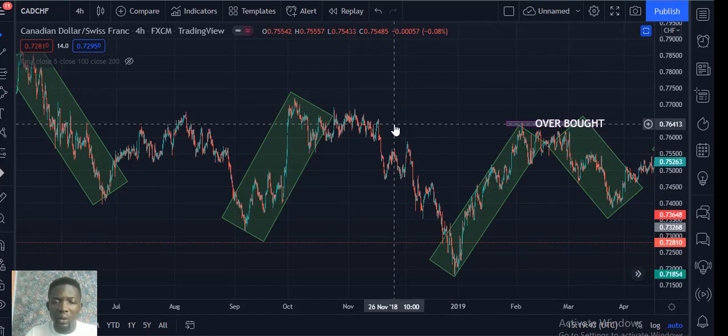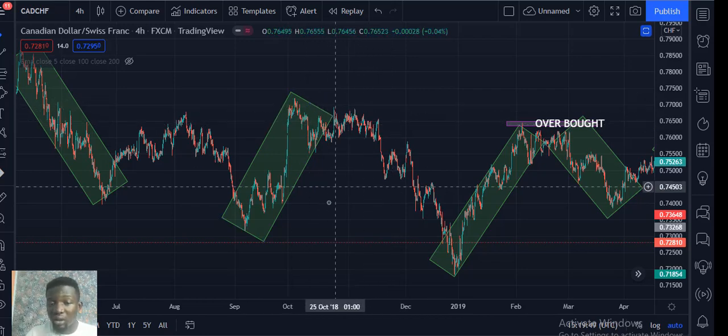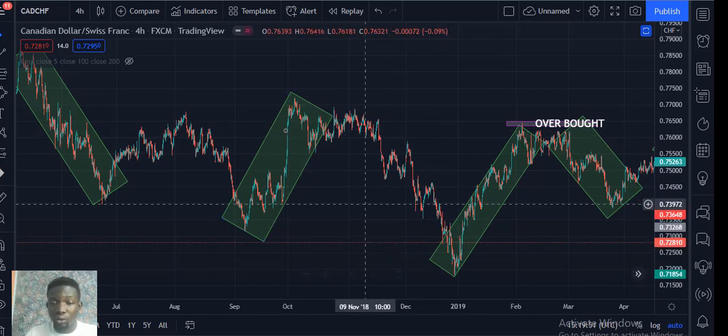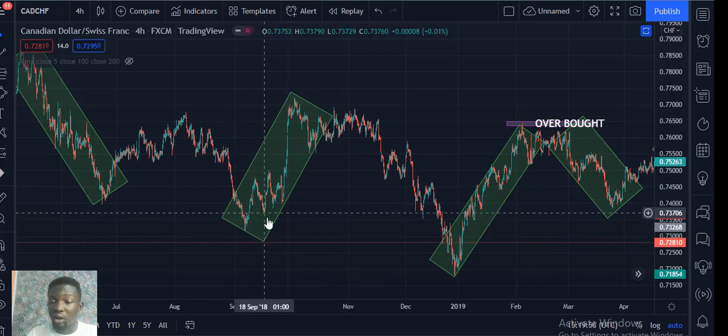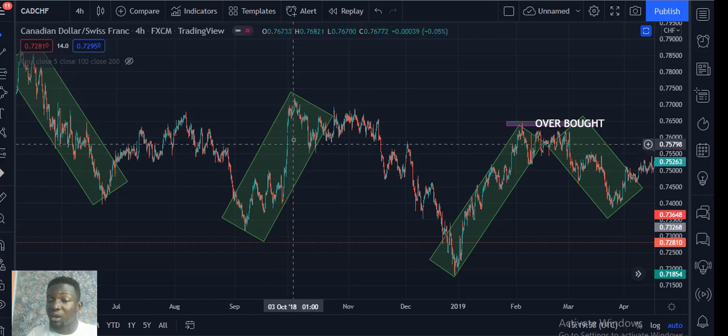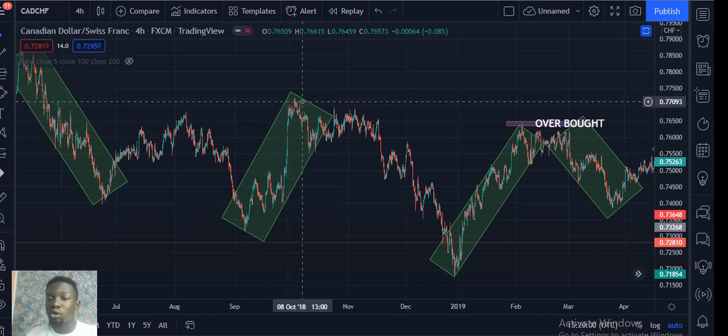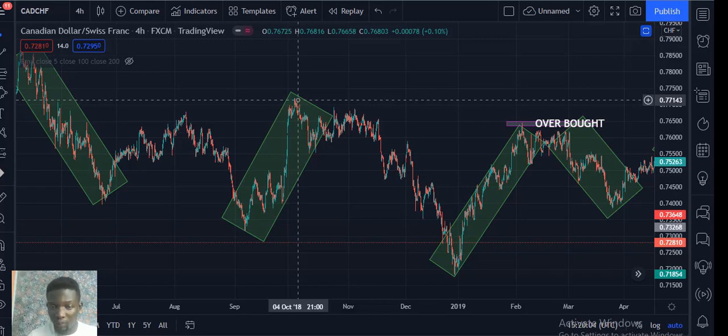Now we want to buy when the price is low, and the more buyers buy, the more the price increases. Looking at the chart now, the buyers are buying, and the price keeps increasing. It keeps increasing until we reach a point called the overbought.